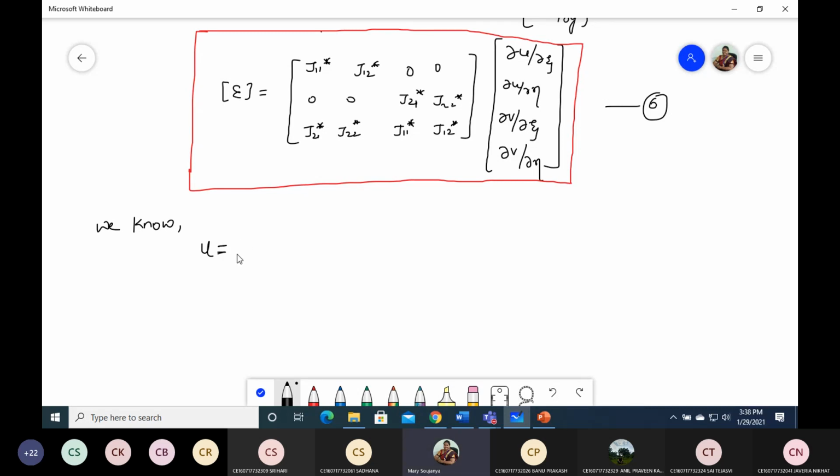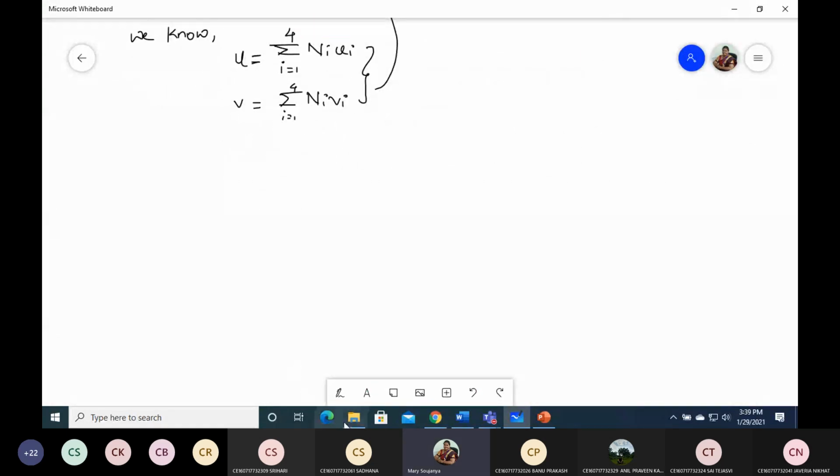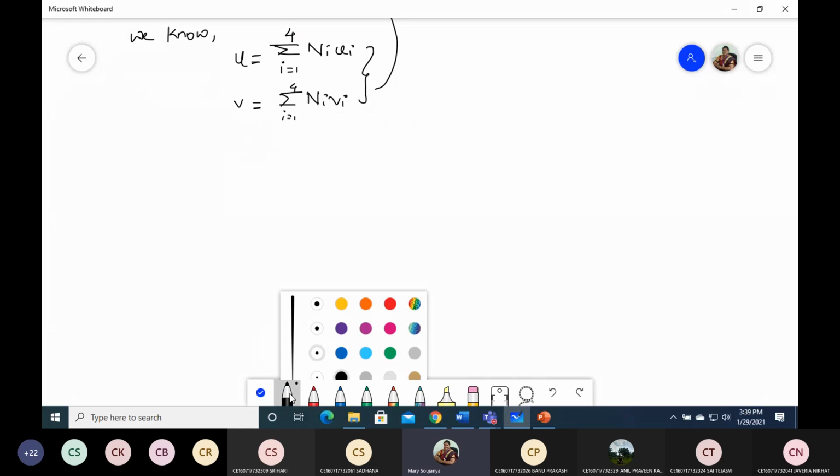U, the displacement at any point in the element, is the summation of the shape function with the nodal displacements of the element. V is equal to the summation over i from 1 to 4 of Ni Vi. If we resubstitute these two equations in equation number 6, it is going to be elaborated more.